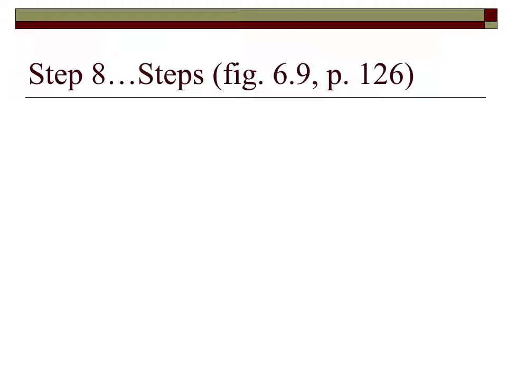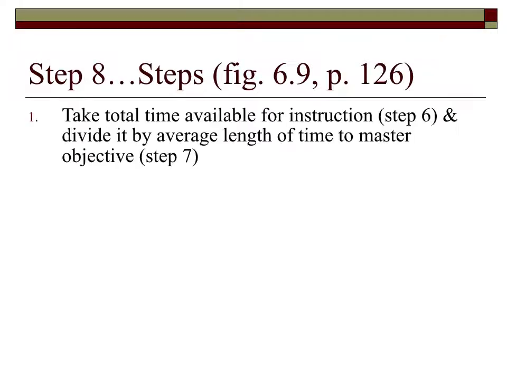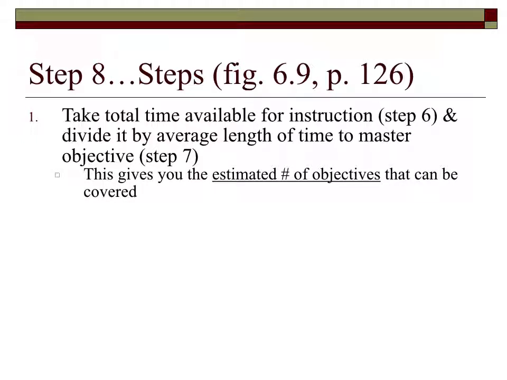So maybe if you have your textbook in front of you, go to figure 6.9 in your textbook. First step, take total time available for instruction from step 6 and divide it by the average length of time to master an objective, step 7. This will give you the estimated number of objectives that can be covered in your curriculum.